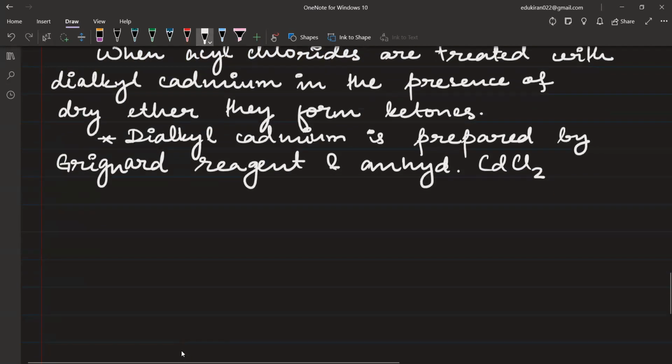Look at the reaction. You start with a Grignard reagent, RMgX, and you treat this with cadmium chloride, CdCl2.